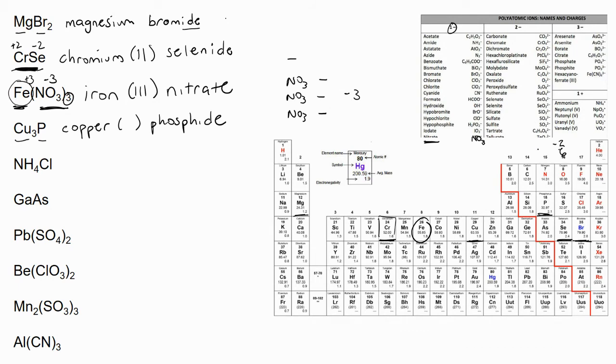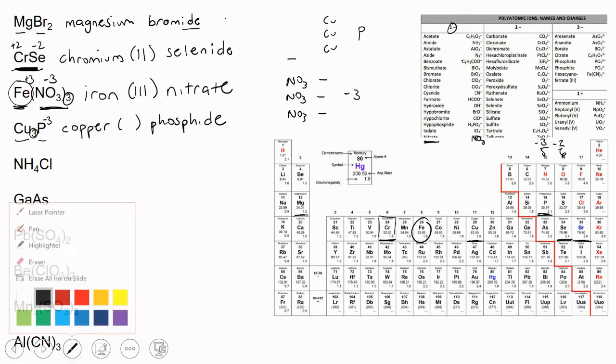Phosphorus has 5 valence electrons, and so it's going to form a -3 anion. So we know that the phosphorus is bringing a -3 to the table. So in order to figure out what the copper is bringing to the table, first we have to think about the fact that there are 3 of them. So when we're thinking about what this looks like, it's 3 coppers and 1 phosphorus.